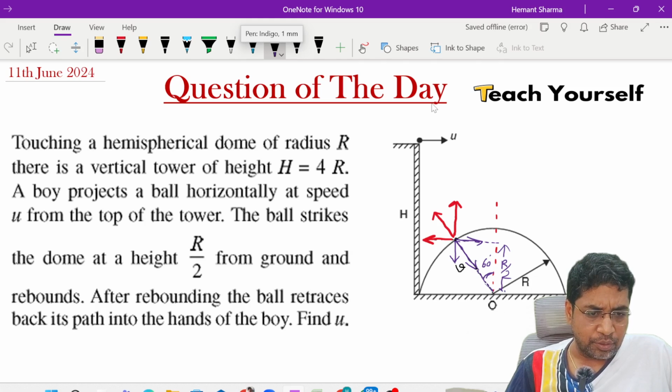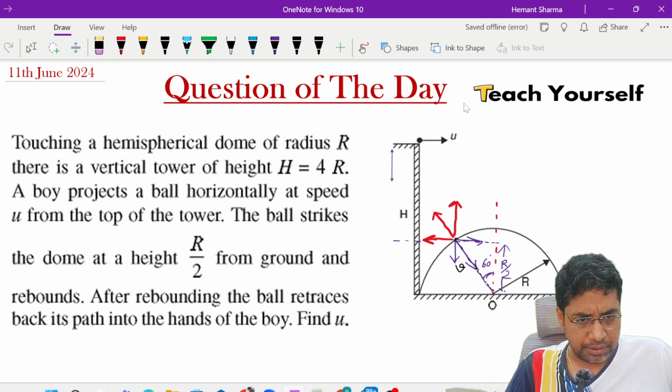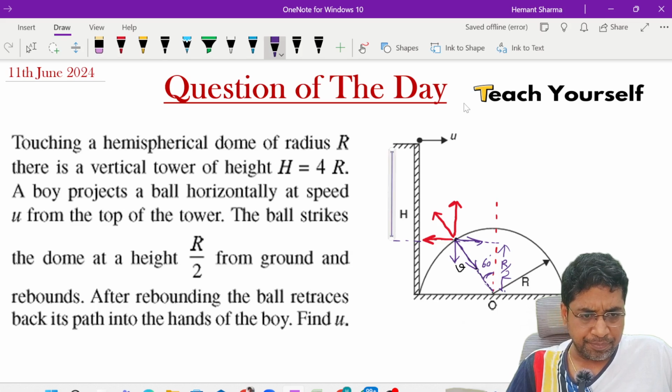This is r by 2, means this particular height from here to here we will find out, let's say y, and this particular distance x, that is the displacement along x.